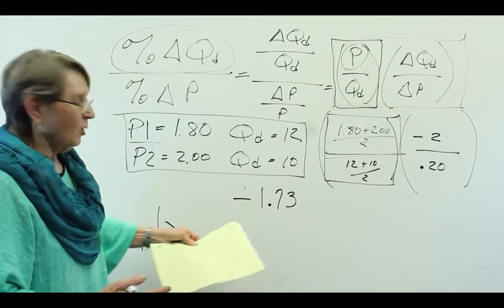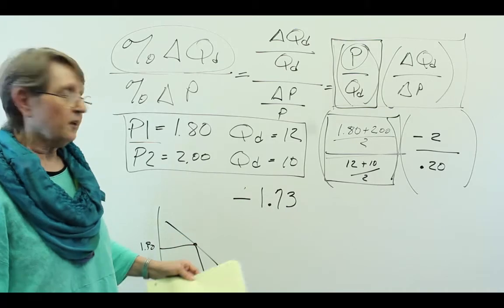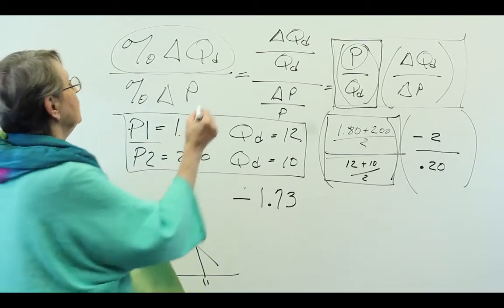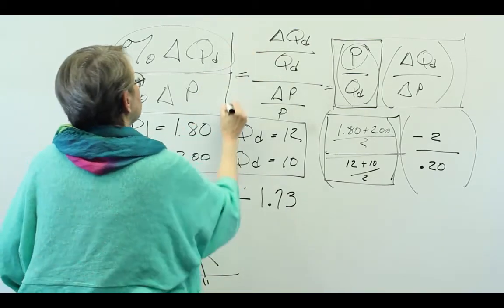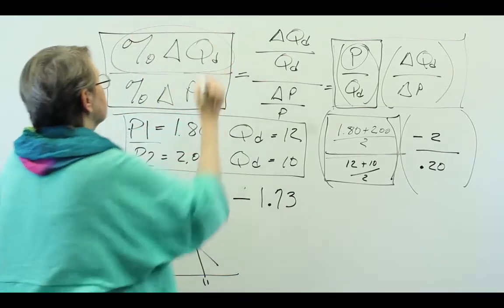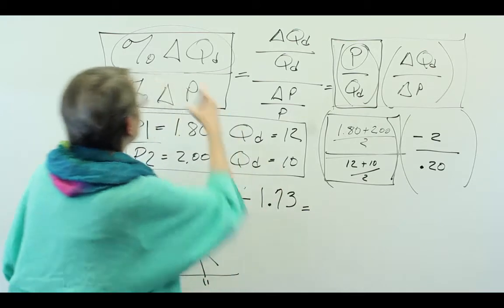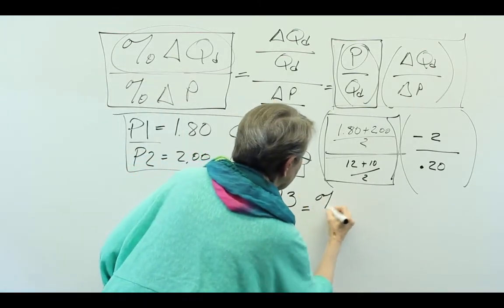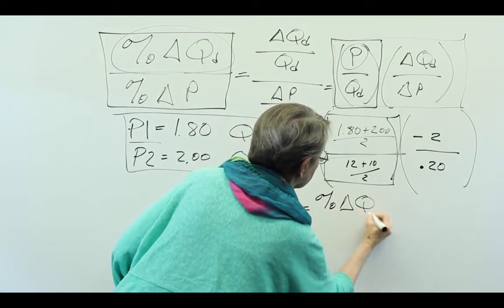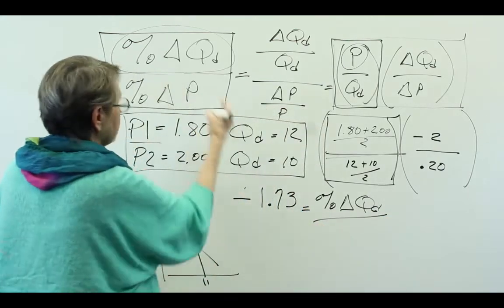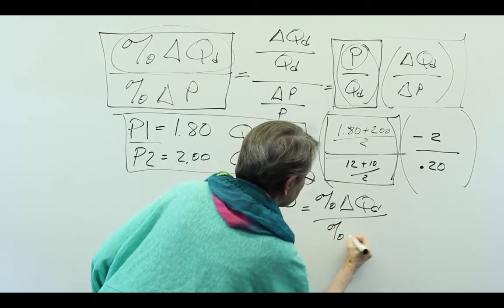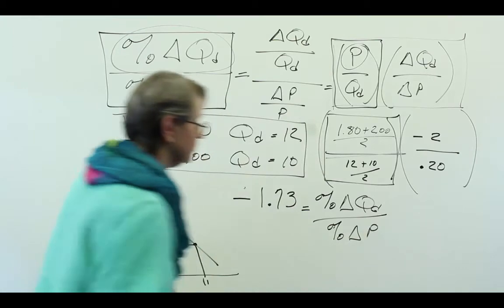Well, what does that mean? What does 1.73 mean? If you go back to your original formula, what we're actually measuring, minus 1.73, equals the percentage change in quantity demanded that comes about with a percentage change in price.